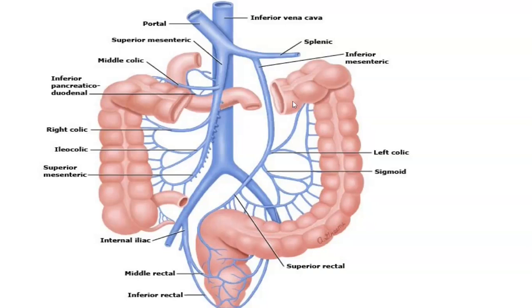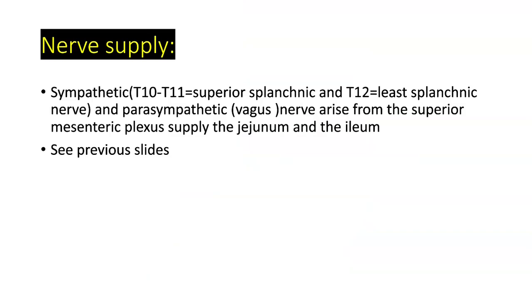It then goes upward and joins with the splenic vein, and then goes on to form the portal circulation. The portal circulation goes to the liver, and then blood moves towards the inferior vena cava.